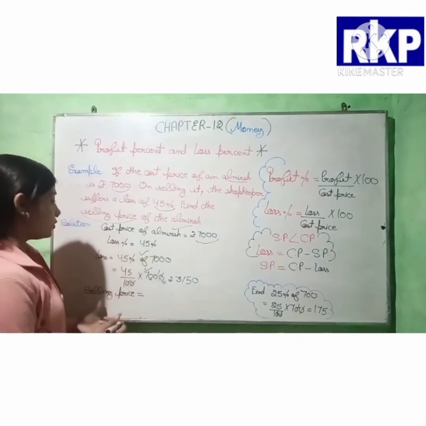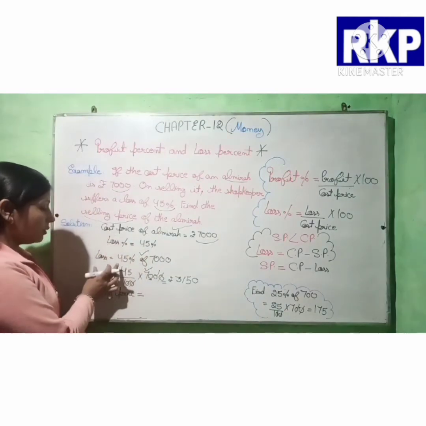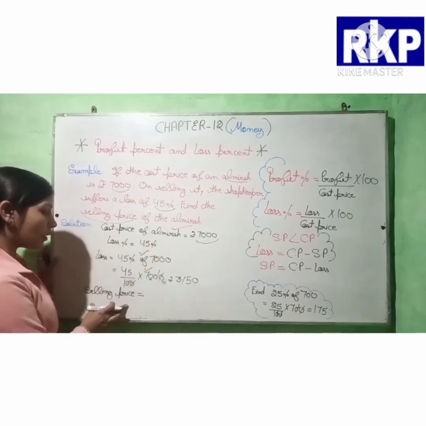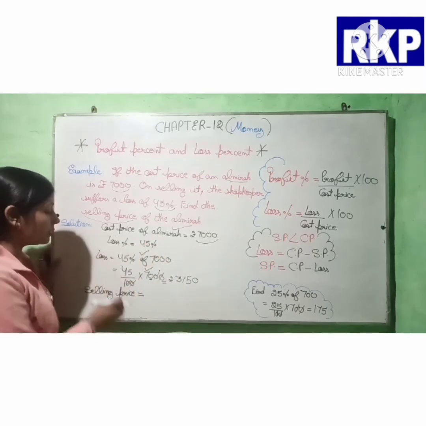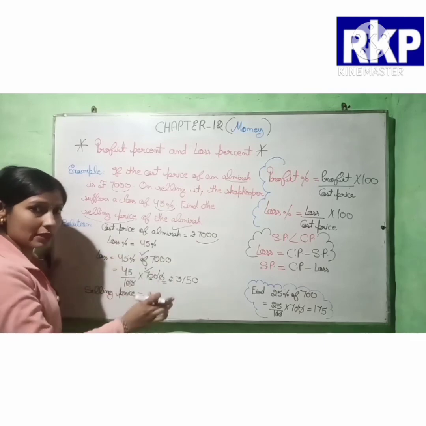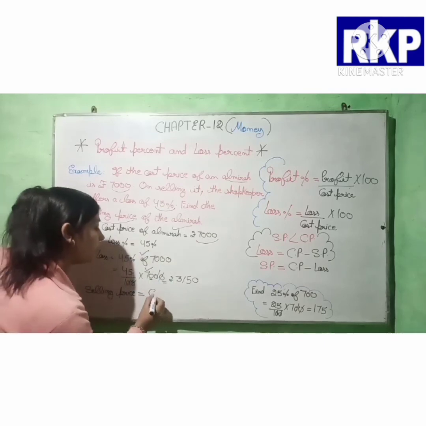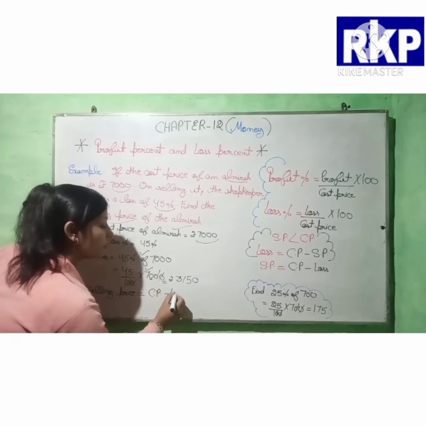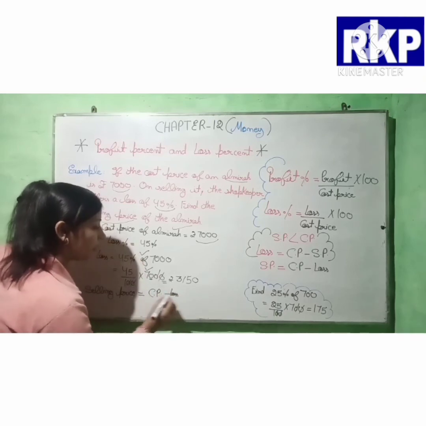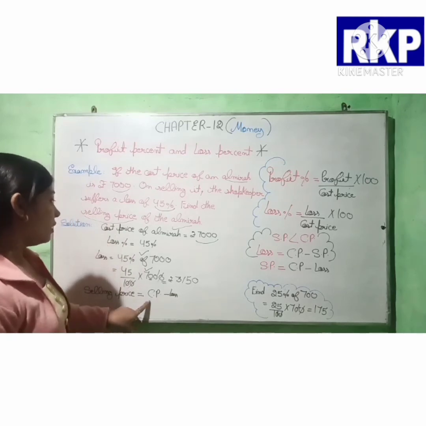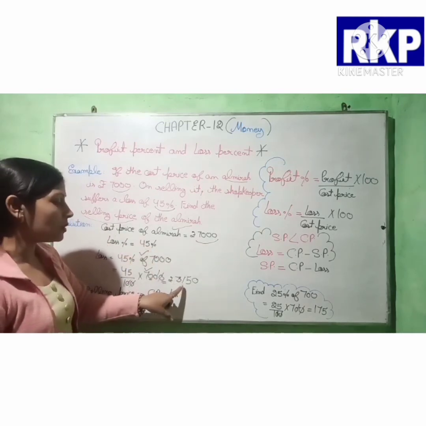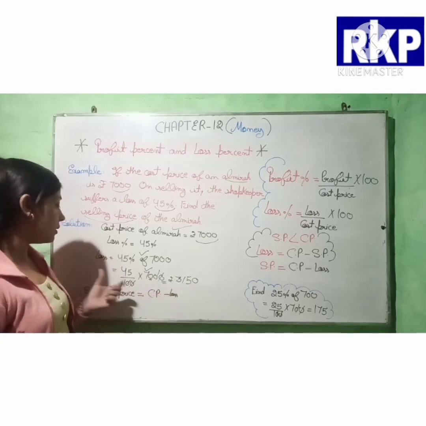Okay, so here we have to subtract loss from cost price. Okay, to find out selling price we have to subtract loss from cost price. Okay, so here we have to write selling price minus loss, and here you can see cost price is 7,000 and 3,150 rupees is the loss.